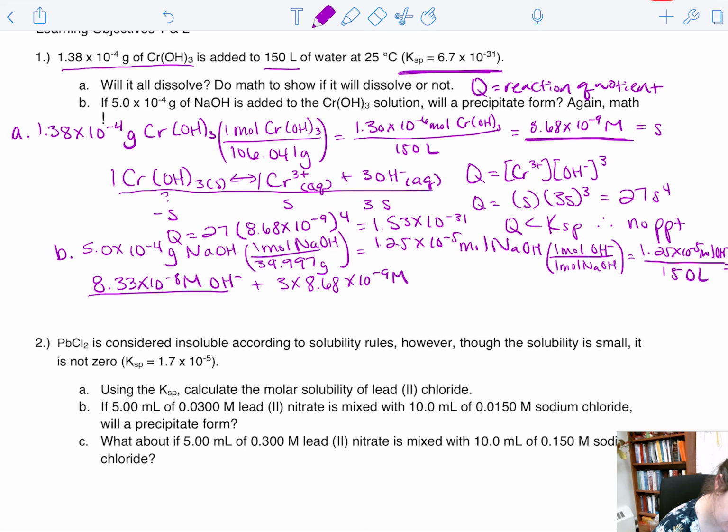We multiply by 3 because there's a 3 here, and then times it by our solubility, because it is 3S.